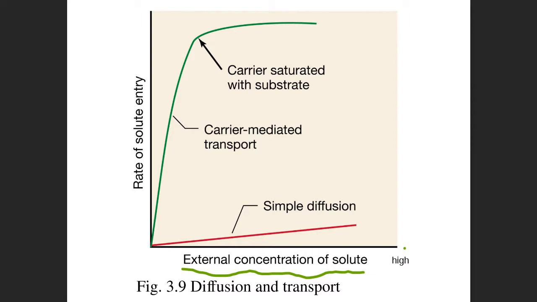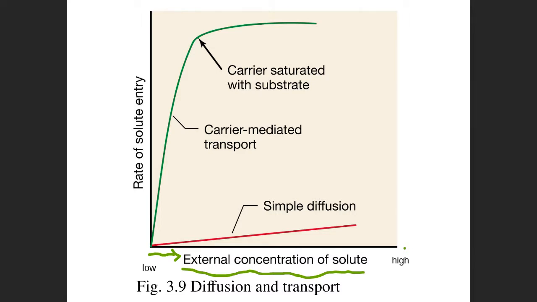And so as your concentration increases, this goes up quickly, but then it saturates. Why does it saturate? Well, the number of carriers on the surface is fixed, right? So when it's here, it's very efficient. If you have 10 transporters across the membrane, when the solute comes in, it gets transported in immediately.